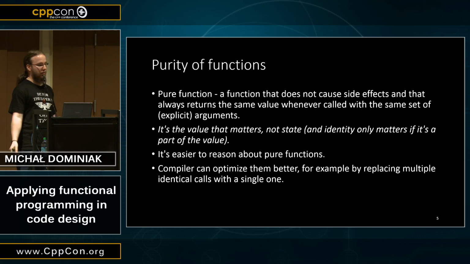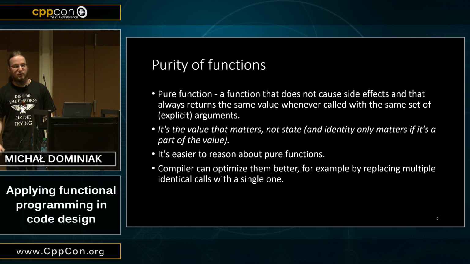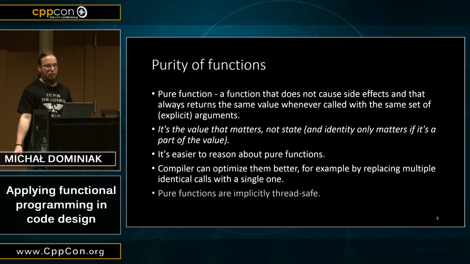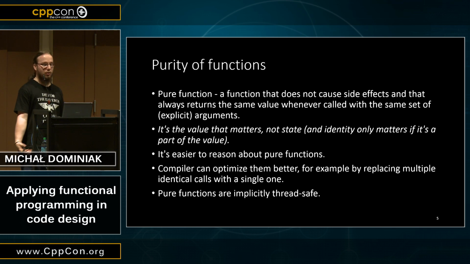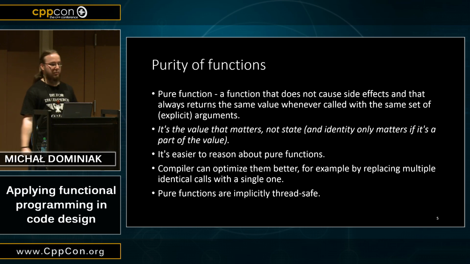So the compiler, if it knows that a function is pure, can optimize it more aggressively and make, for example, a single call to a function instead of multiple ones as written in code. And thanks to the definition, they do not cause side effects. They are not affected by side effects of other functions. They are thread safe, which is more and more important as time passes due to how processors are being built these days.